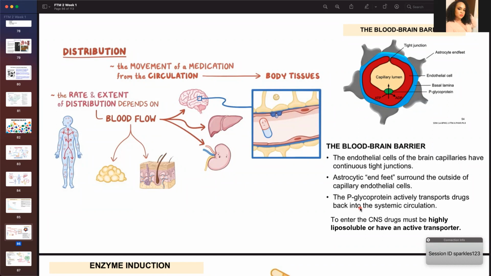In the brain, is it impeding drugs from getting inside, or is it taking what the brain cannot take and putting it back into circulation? It depends. In the brain specifically, I believe that it's transporting drugs into the systemic circulation, so away from the brain. Okay. But someone correct me if I'm wrong, because it's been a long time since we've done this.